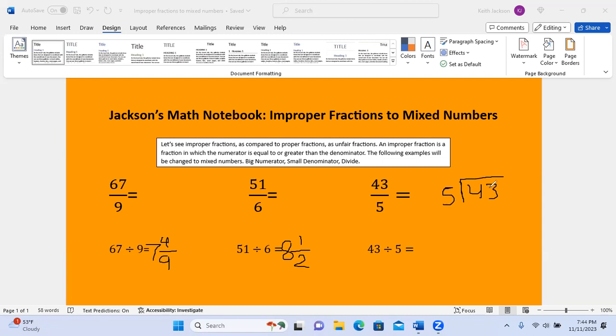We know that 5 goes into 43 8 times, because 5 times 8 is 40. 43 minus 40 is 3. And again, right here, we have 8 as our whole number. We have 3 as our remainder, which will also serve as our numerator, and 5 will remain as the denominator. And that's what we have right here.